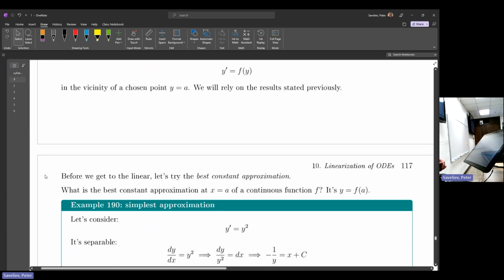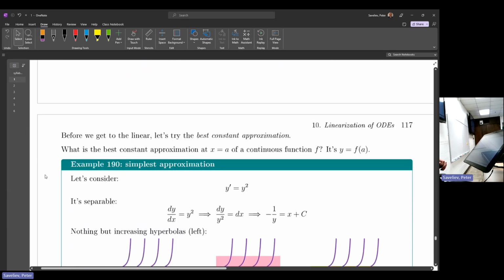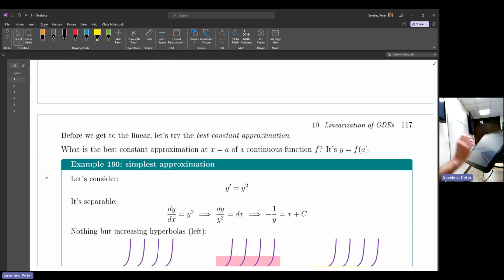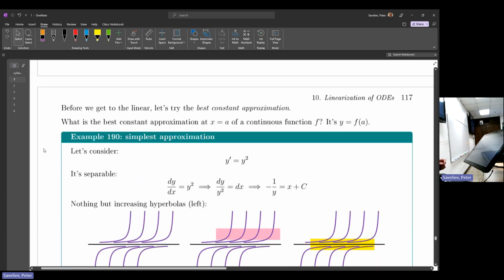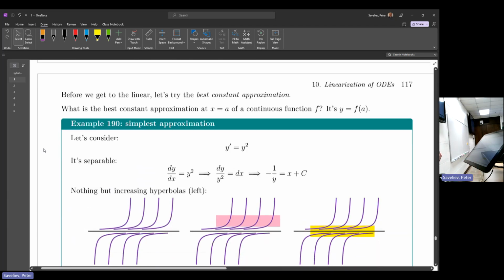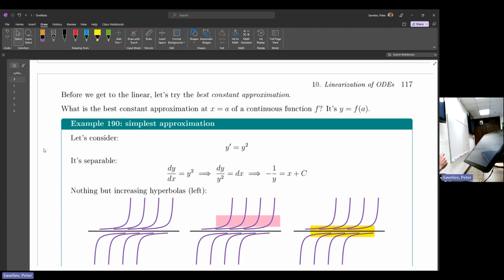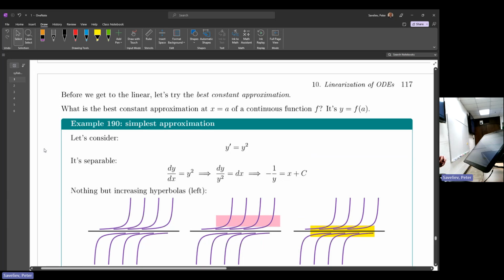Let's take this nonlinear differential equation: y prime is equal to y squared. It is actually solvable. I separate variables and integrate, and y depends on x as a reciprocal, so we produce a bunch of hyperbolas.